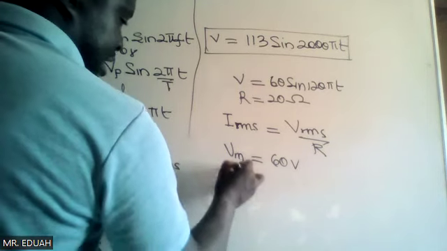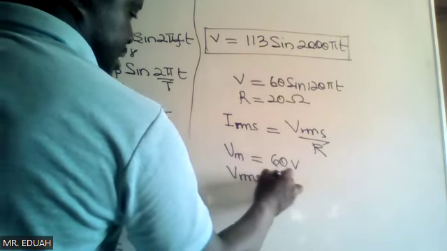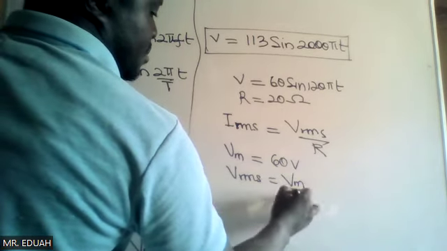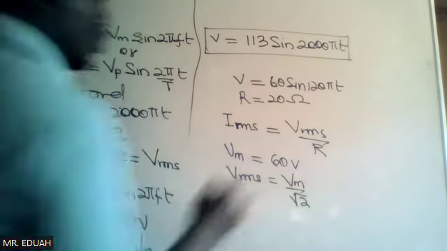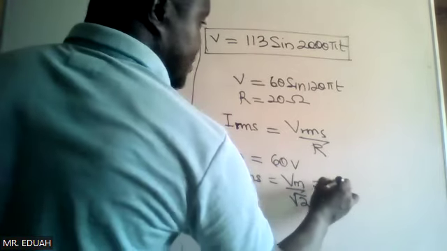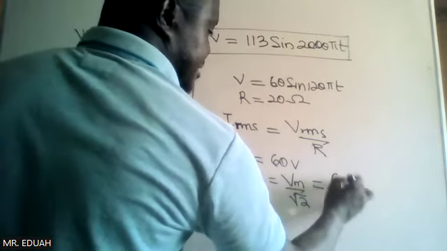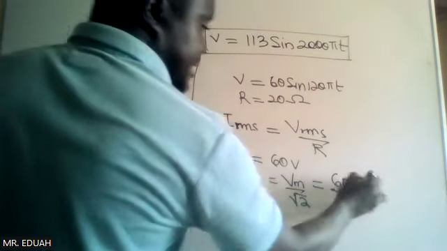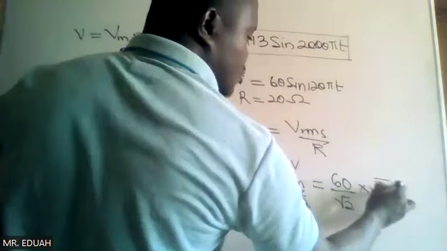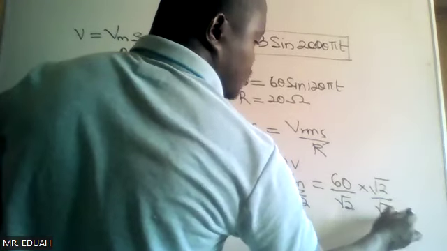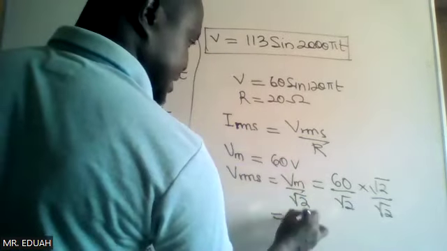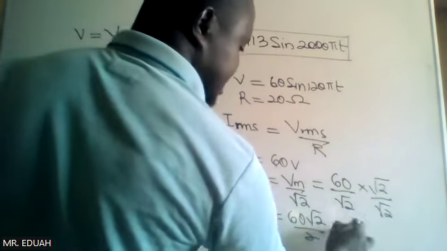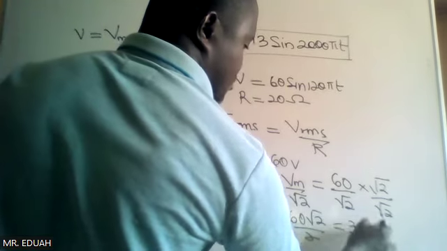Knowing that VRMS equals V maximum divided by root 2, I have 60 over root 2, times root 2 over root 2. So I have 60 root 2 over 2, which is the same as 30 root 2.